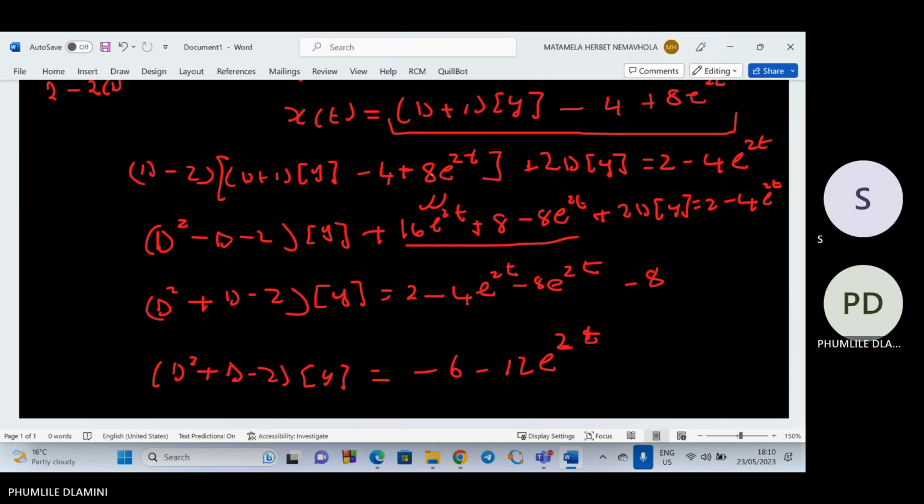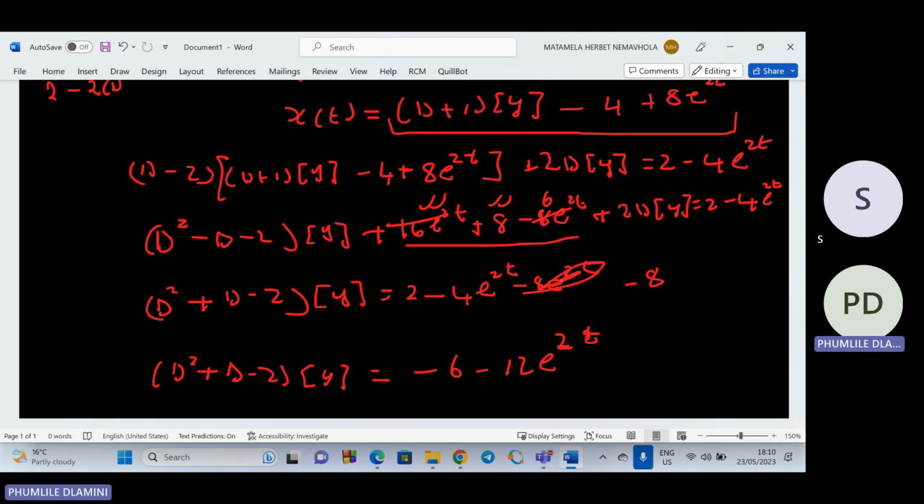Then this one times 2 times this one is going to be 8, that is right. Then minus 2 times 8 here is going to be minus 16. You see that it's going to be minus 16. So this 16 is going to cancel with this one. When this 16 cancels with this one, we are going to be left with 8 here. So which means here is going to be 2 minus 4.